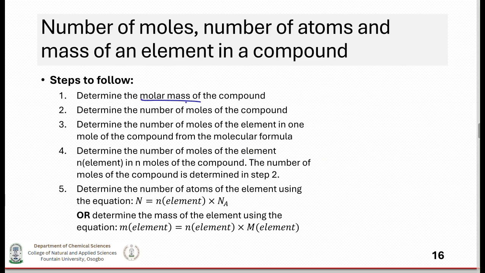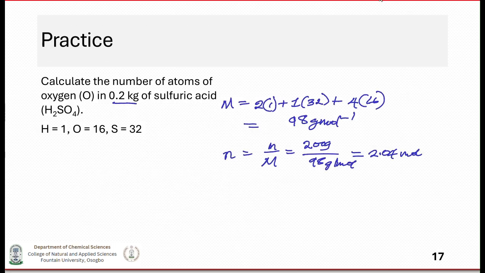So let's look at the third step: determine the number of moles of the element in 1 mole of the compound from the molecular formula. The molecular formula is H2SO4. 1 mole of H2SO4 contains how many moles of which element are we calculating?